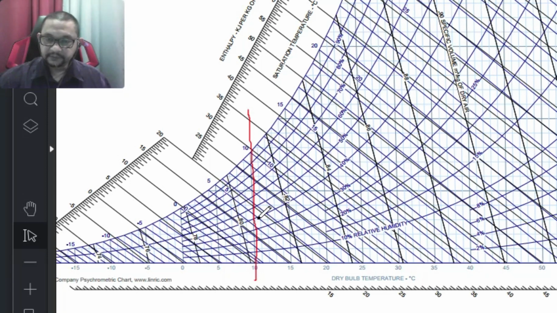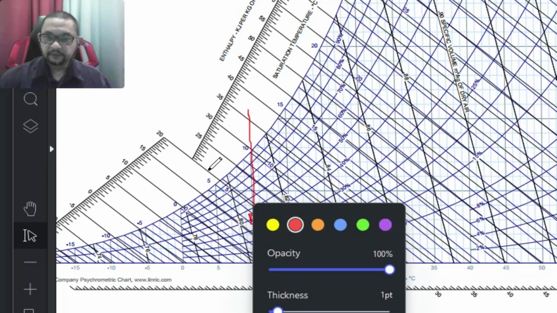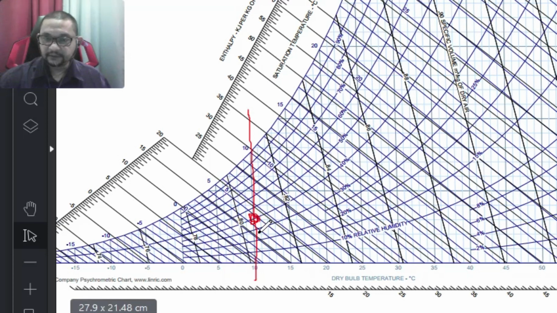So the intersection between this dry bulb temperature and relative humidity is right here. From these two intersecting lines and curve, we can find h1. H1 is up here. This is the line of h1.